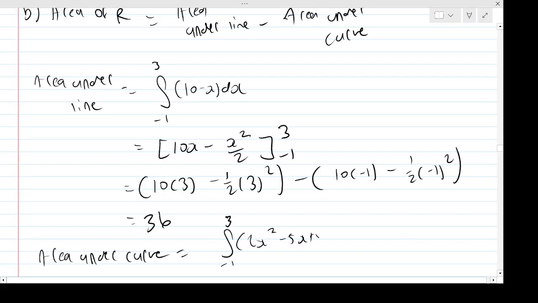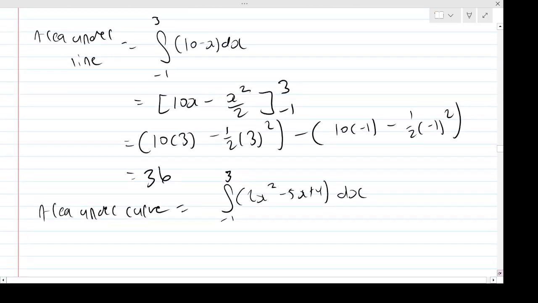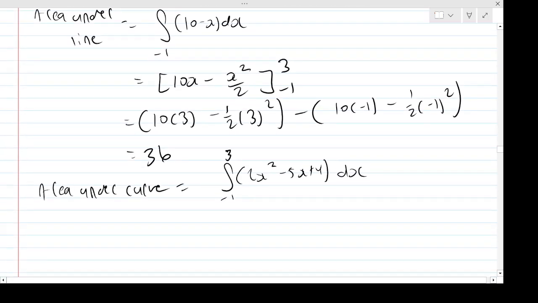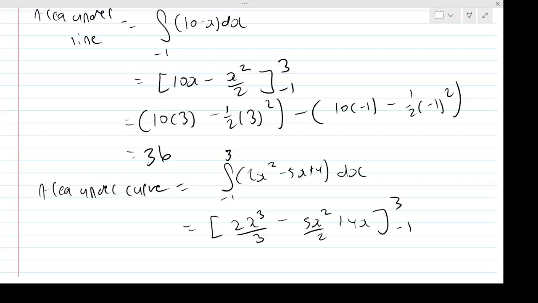And actually, that's quite nice. We don't need to do anything to that. We can just integrate it as it is. So if we integrate this, that would be 2x cubed over 3, minus 5x squared over 2, add 4x, between 3 and minus 1.